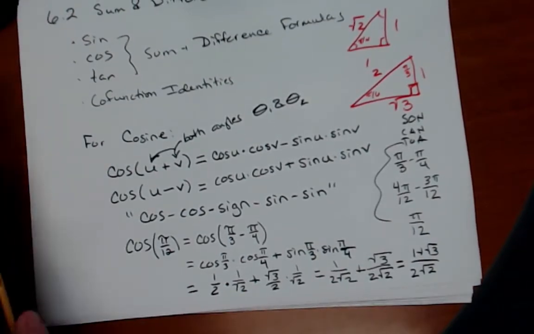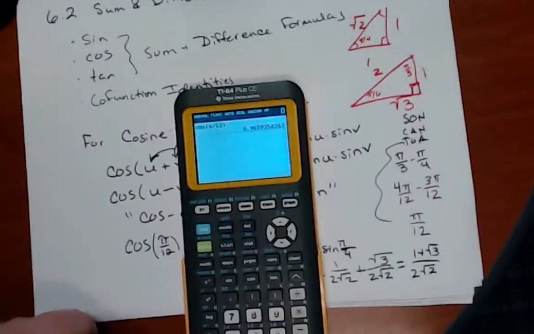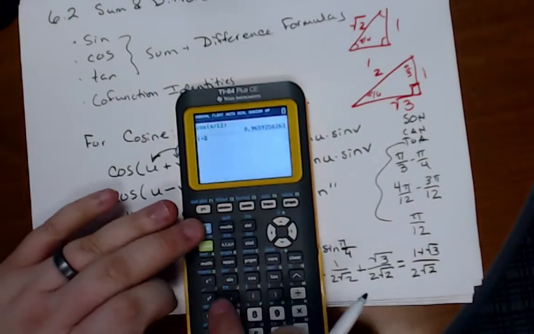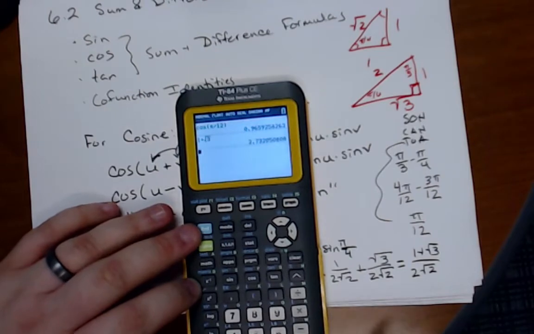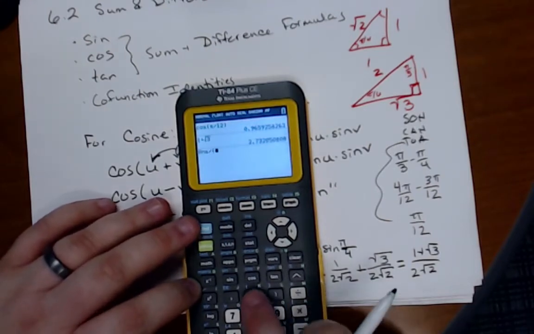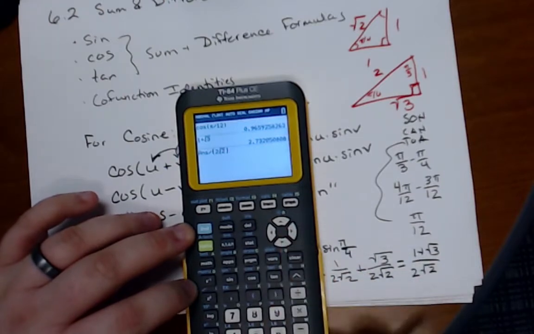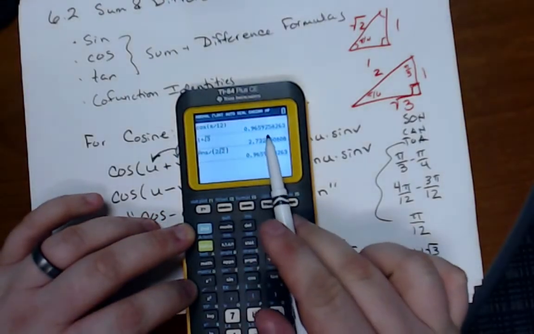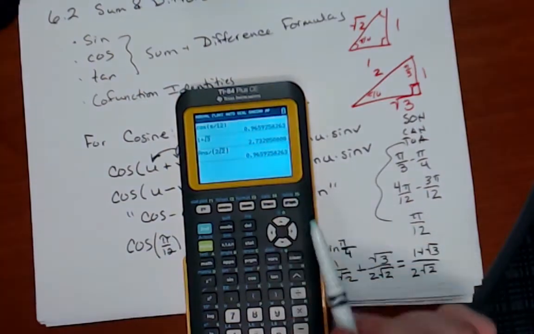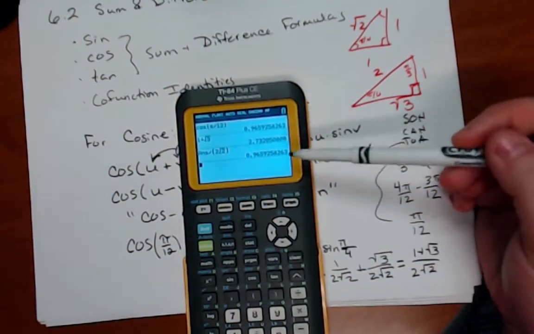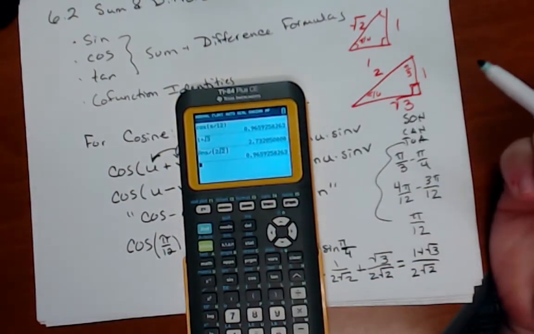Now, if everything went as planned, if we take 1 plus square root of 3, divide that by 2 square roots of 2, 0.965925, all the way to that last digit, we have the same answer.